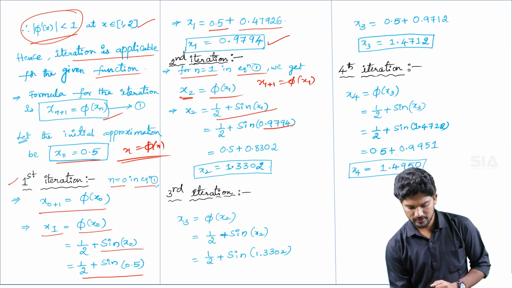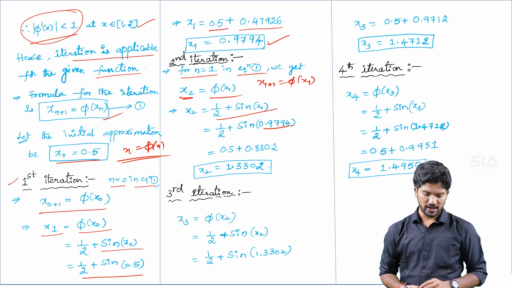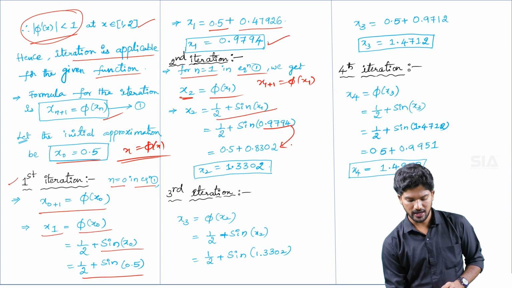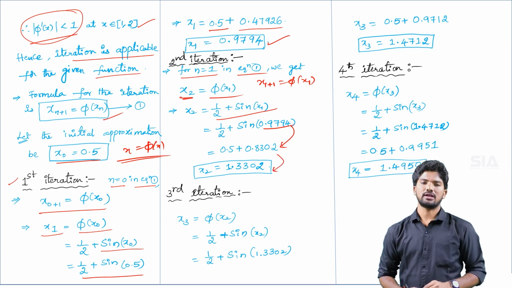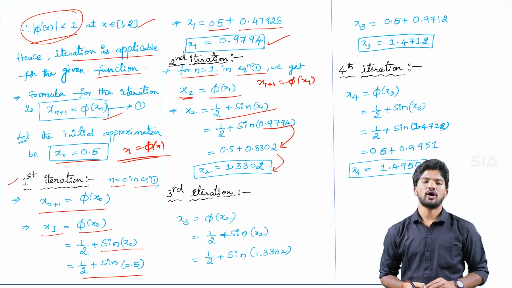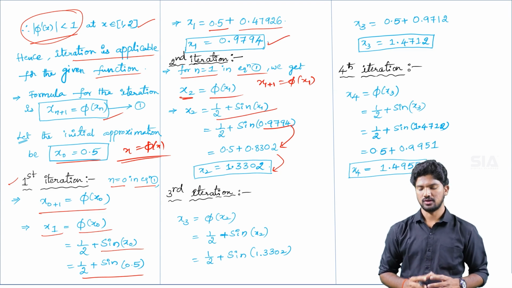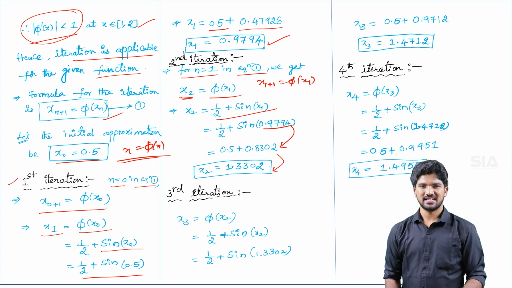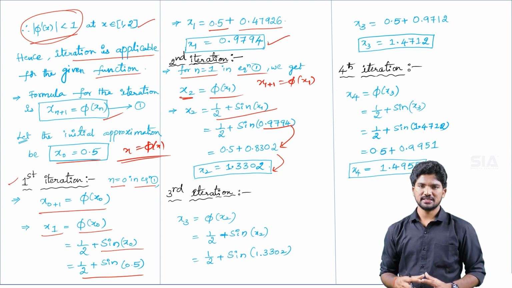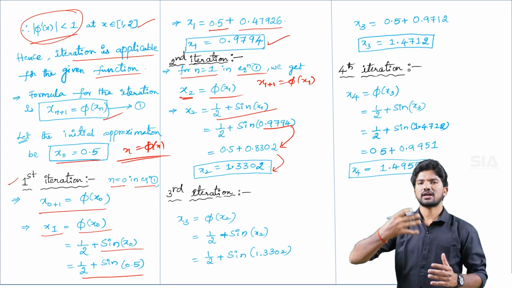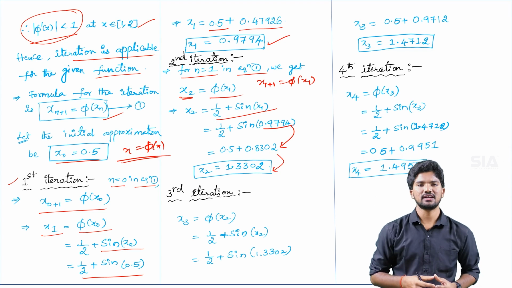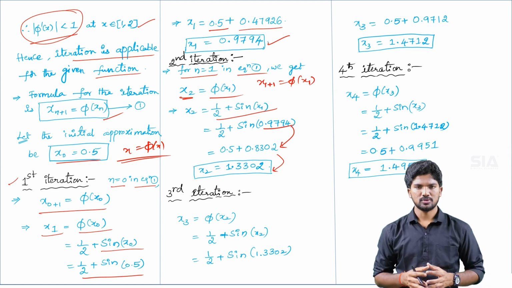So substitute the x1 value 0.9794 and calculate that value. You will get the x2 value. x2 is equal to 1.3302. Okay, 1.3302, that is the x2 value, second iteration. These are all the first iteration, second iteration approximate roots only. We have to continue this process until we get the required root as closely as possible.